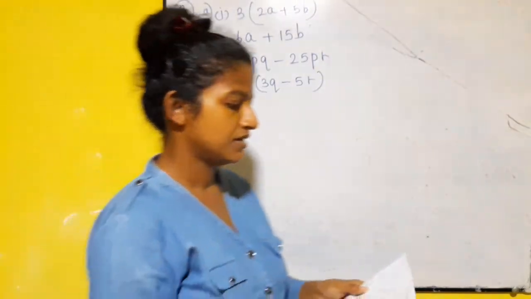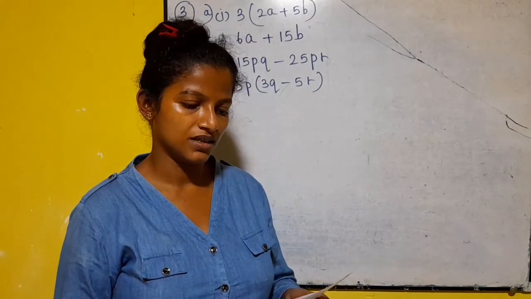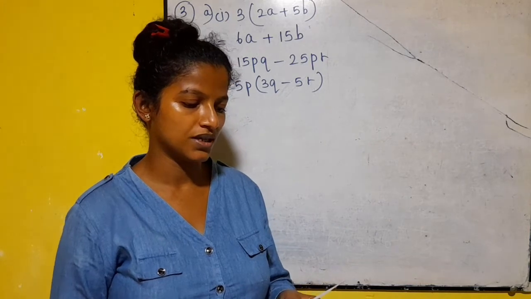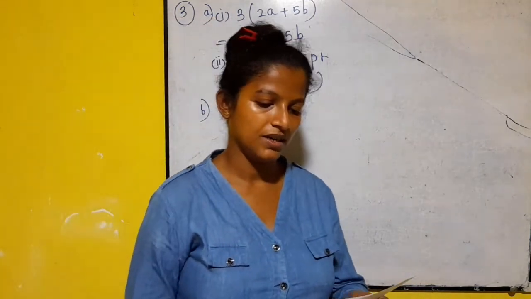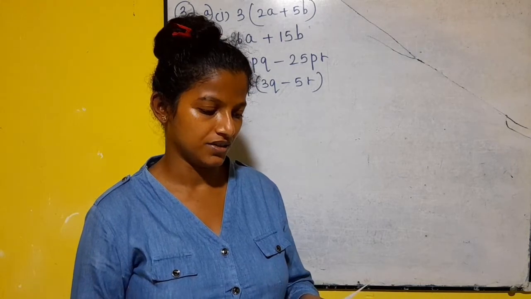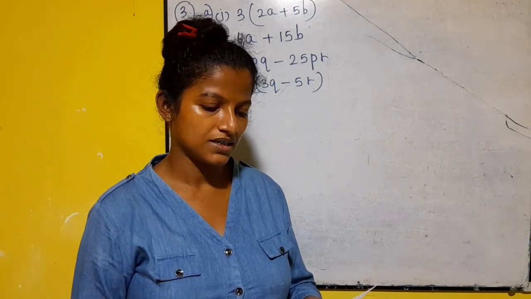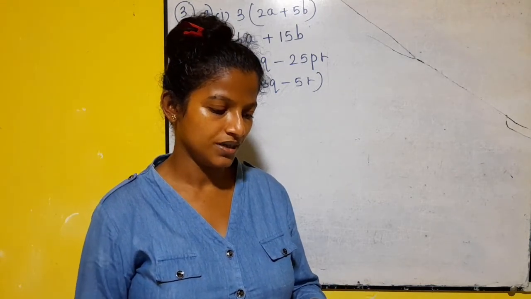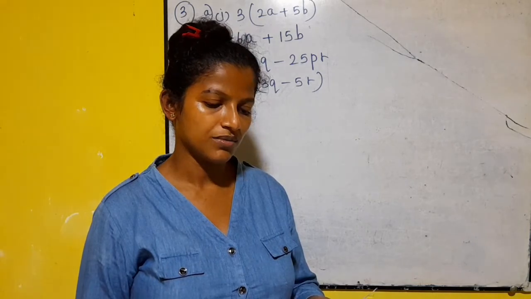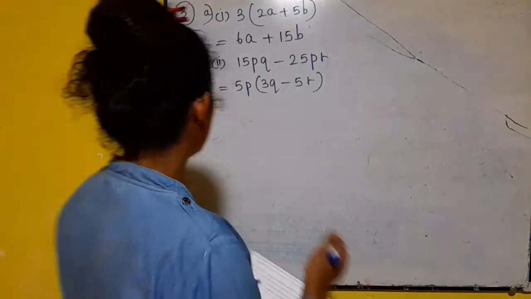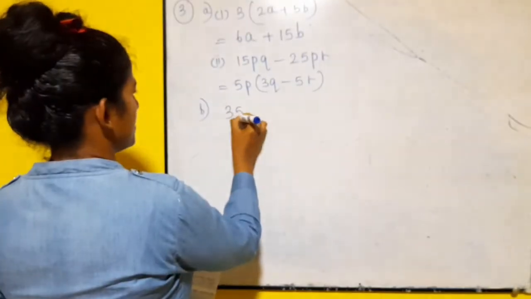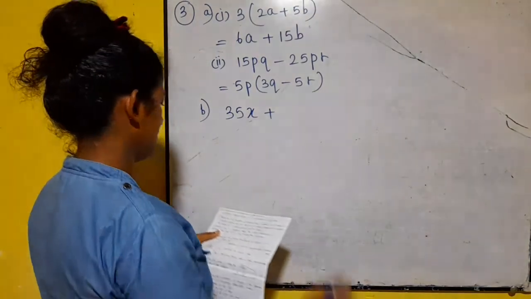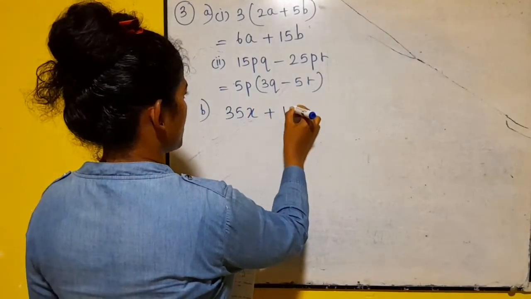B part. There are x number of books that worth 35 rupees each and 5 books worth 30 rupees each in a parcel prepared as a gift. The value of 2 such parcels is 580. Build up an equation using the above information. x number of books that worth 35, so you can take 35 times x plus 5 books worth 30, then 30 times 5, that is 150.